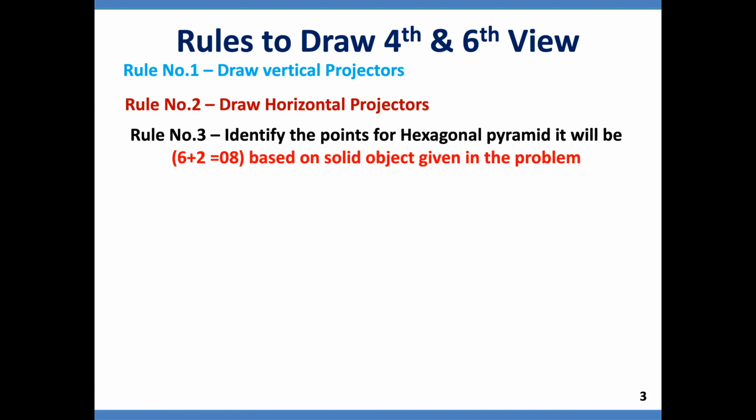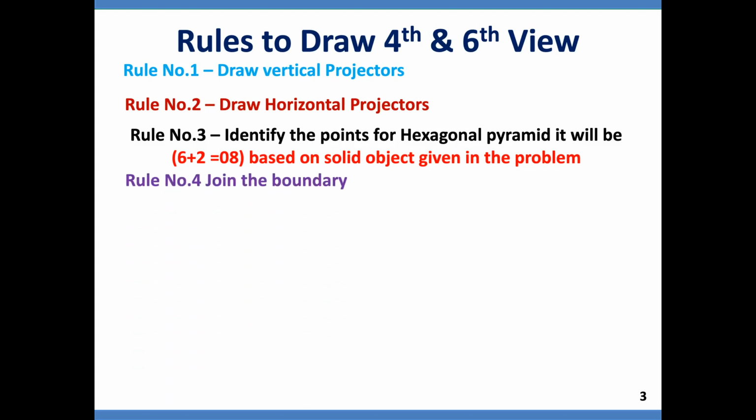For the hexagonal pyramid that has been taken in the problem, it will be 6 base corners and 2 axis points. The apex or vertex coincides with the axis point. So it is 6 plus 2, it is 8. But these points depend upon which solid you have taken. In this case it is a hexagonal pyramid, hence it is 8.